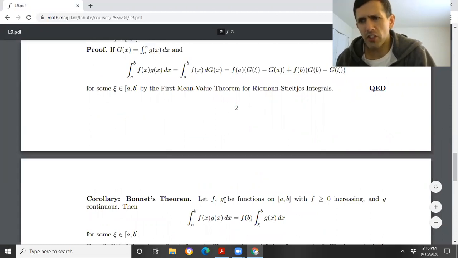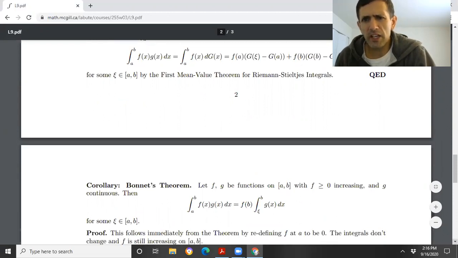So they have f and g switched. My f is continuous and my g is increasing, but same corollary. Actually, they prove it. Really, if you look at the proof, eta or the zeta here can be strictly between A and B. It really doesn't matter, but anyway.